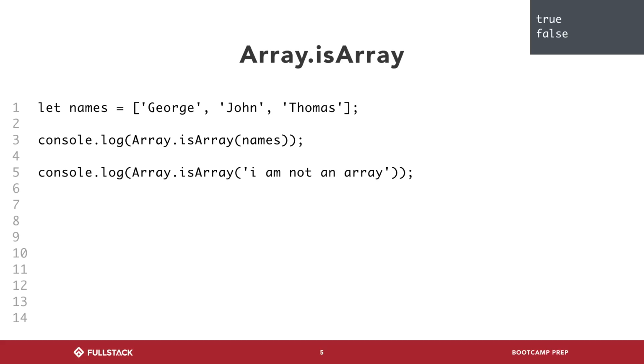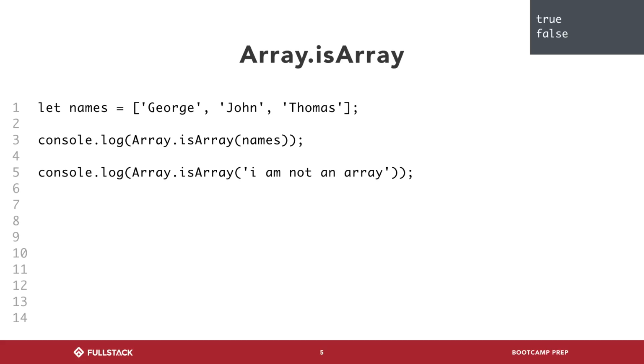So much like how numbers, strings, and booleans are built into JavaScript, arrays are also built in. So the Array class exists whenever you use JavaScript. Then we use dot, and we call this method called isArray. The way we use this method is we literally say Array.isArray, and we pass it whatever it is that we want to test.